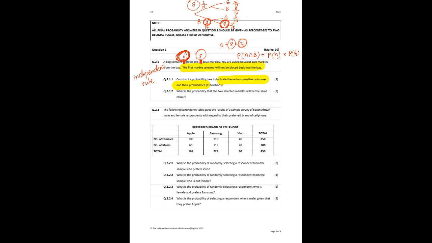So because they specifically asked you for the fractions here within brackets, you leave everything, even the probabilities that we're going to calculate now, they will remain as fractions. But for the next question, because they didn't specify within brackets, you'll follow the general rule that they said at the top, where it will be a percentage to 2 decimal places.